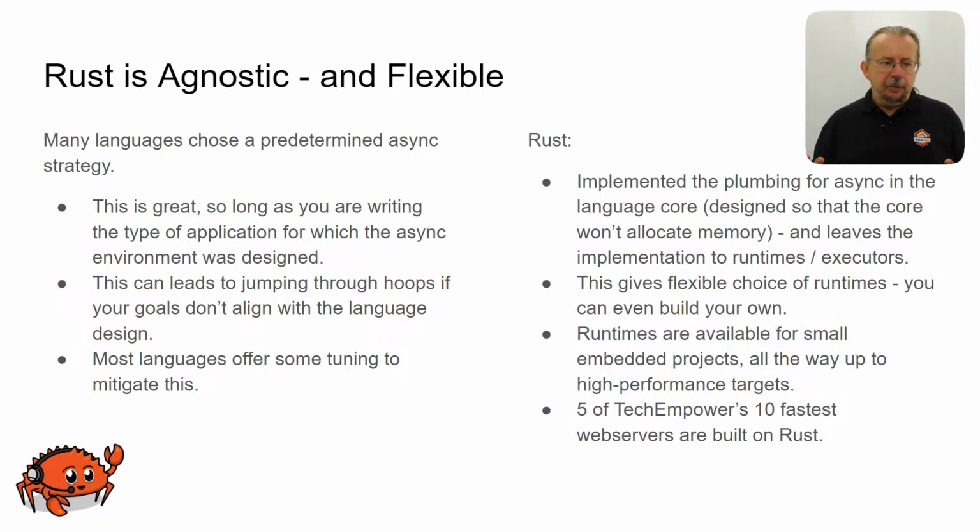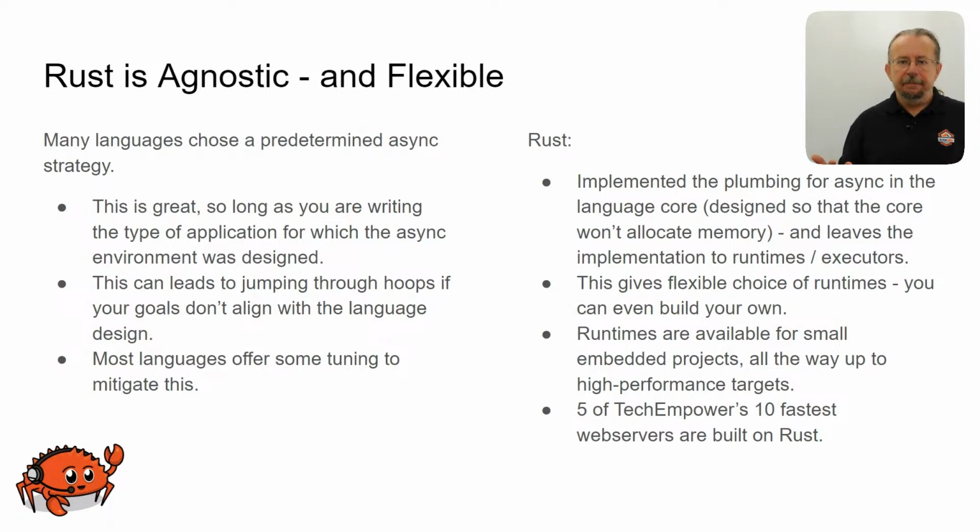They design it in such a way that async doesn't impose a requirement on allocating memory, so it can be scaled all the way down to tiny little embedded services. And then you leave the actual implementation of the two parts of the runtime, which we'll talk about in a second, up to the design of a package that will implement it for you.